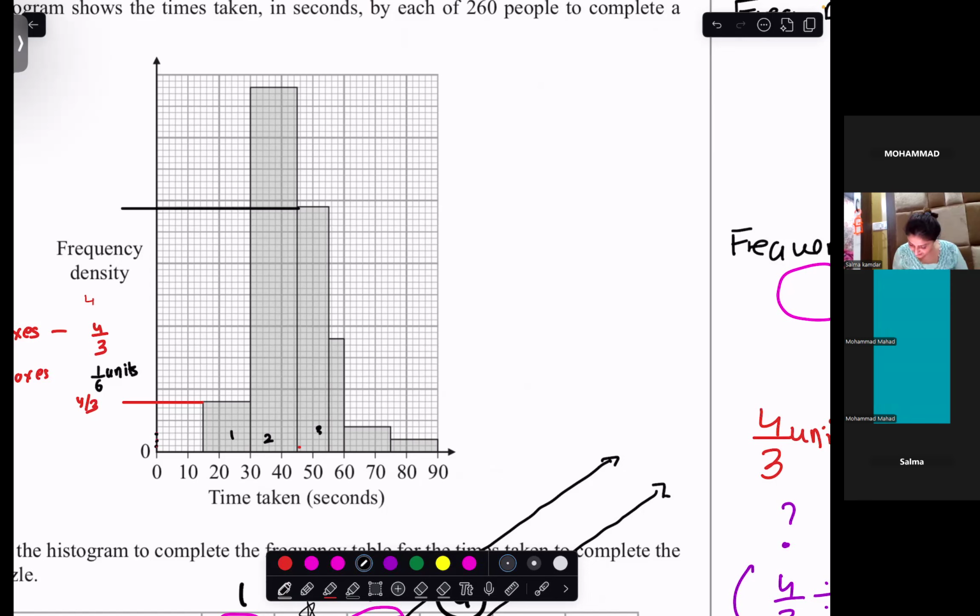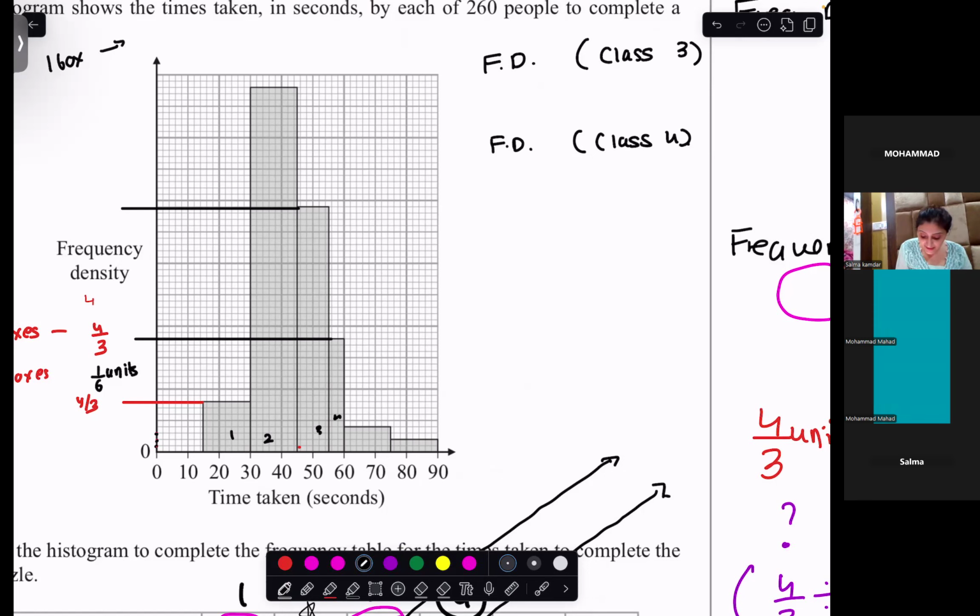And this is class 4. So I mark this over here. Correct? Yes. So we need the frequency density of class 3 and of class 4. We know that one box represents 1 by 6 units.